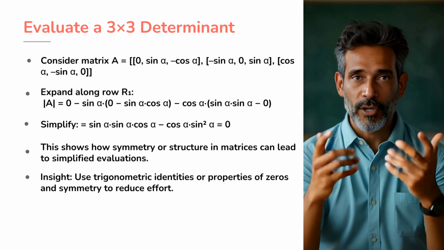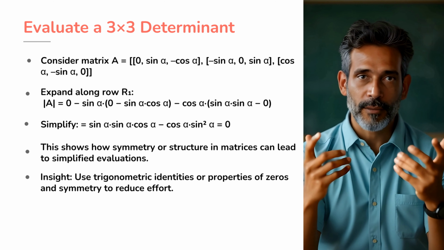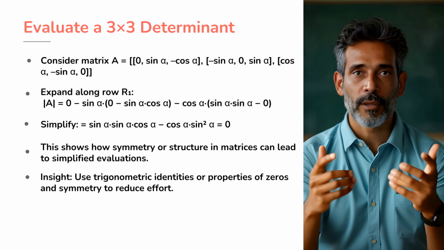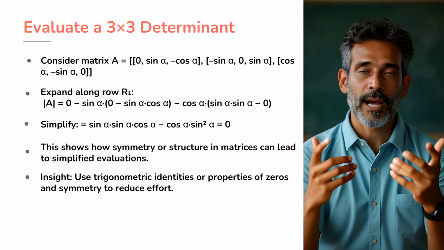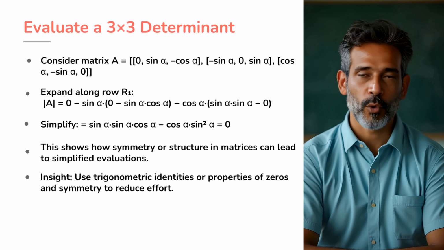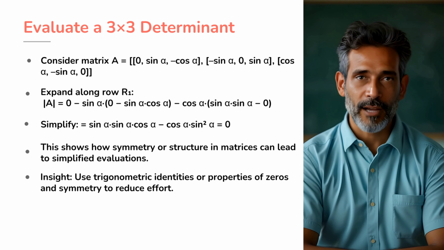Let's apply our knowledge to a trigonometric example. Suppose A equals [[0, sin alpha, -cos alpha], [-sin alpha, 0, sin alpha], [cos alpha, -sin alpha, 0]].